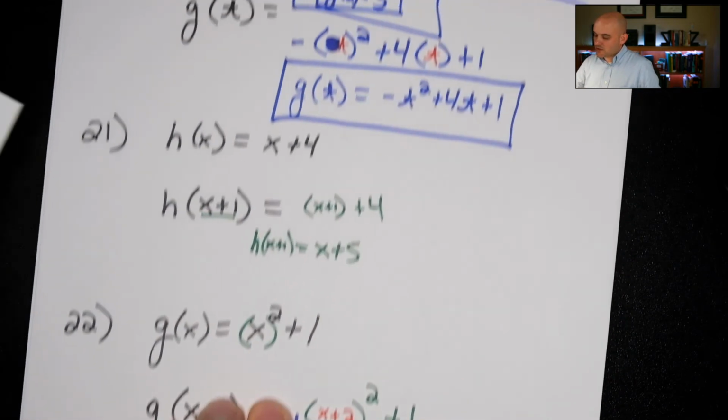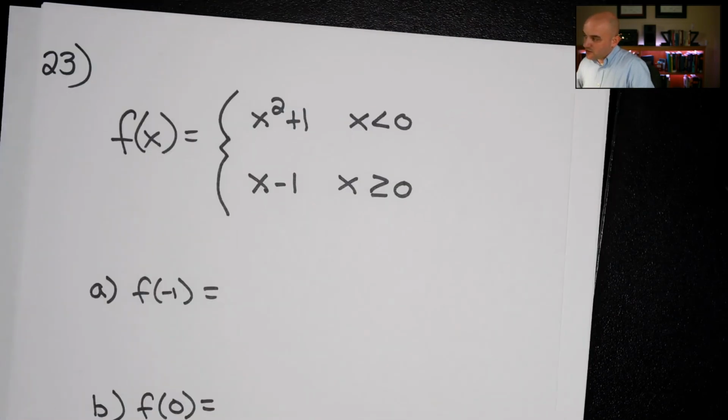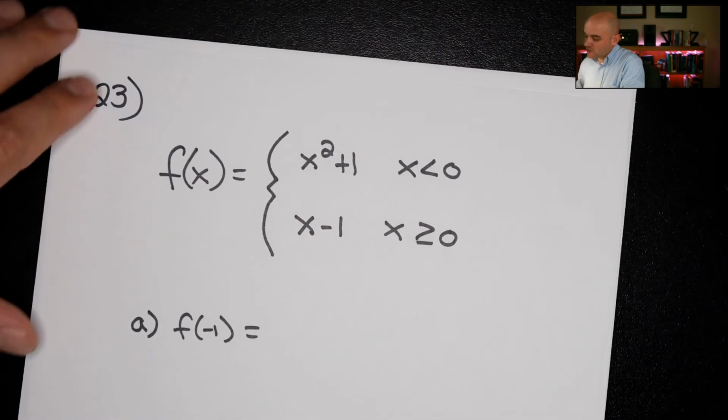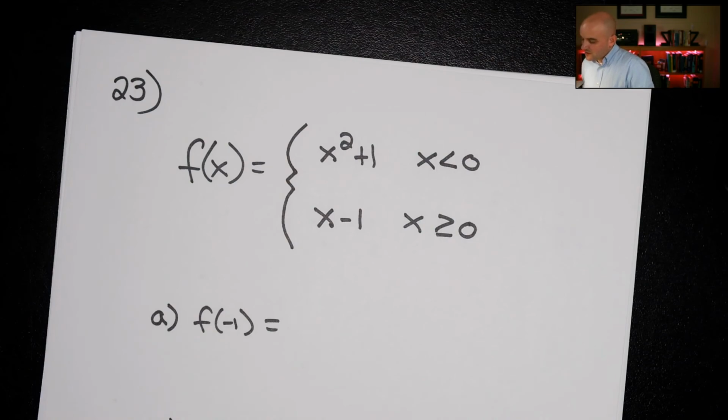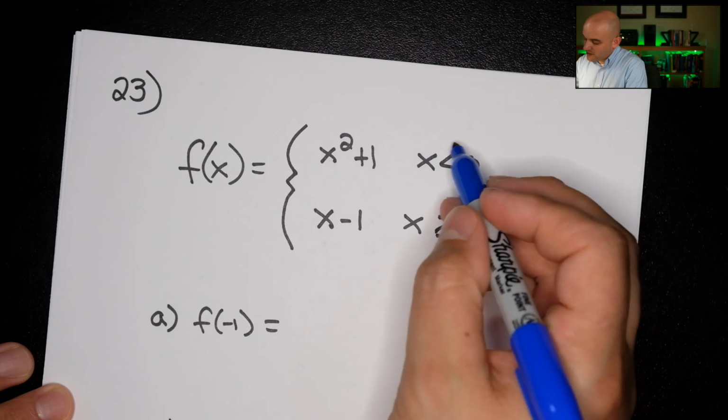Let's look at another one here. Now, this is what we call a piecewise function. So we have x squared plus 1 when x is less than 0. And when it's equal to 0 or greater than that, it's the linear function x minus 1. So this is where we've got to look first.